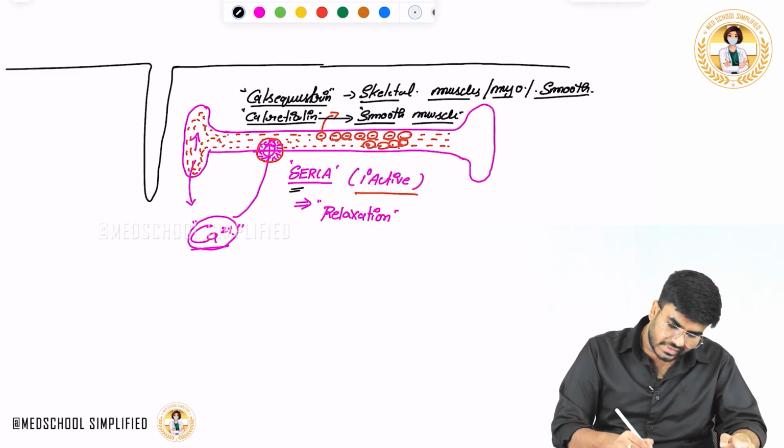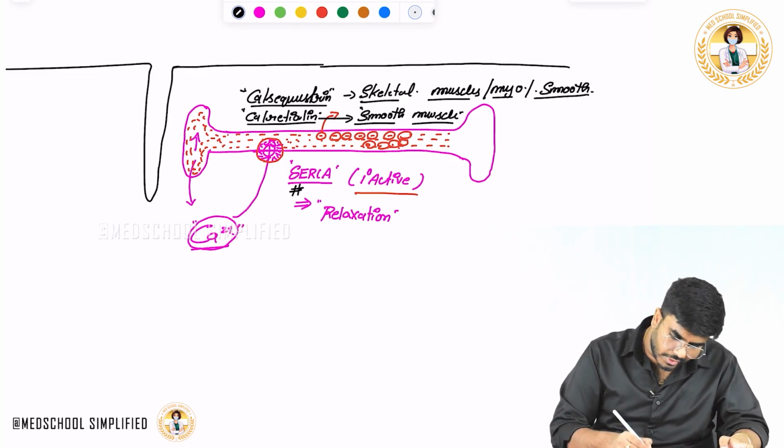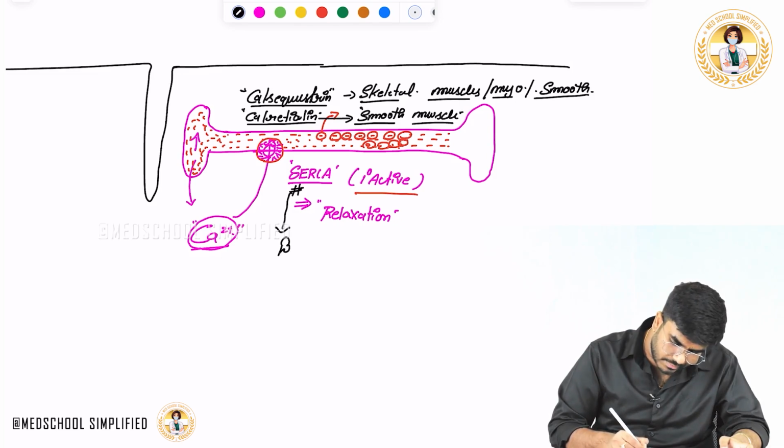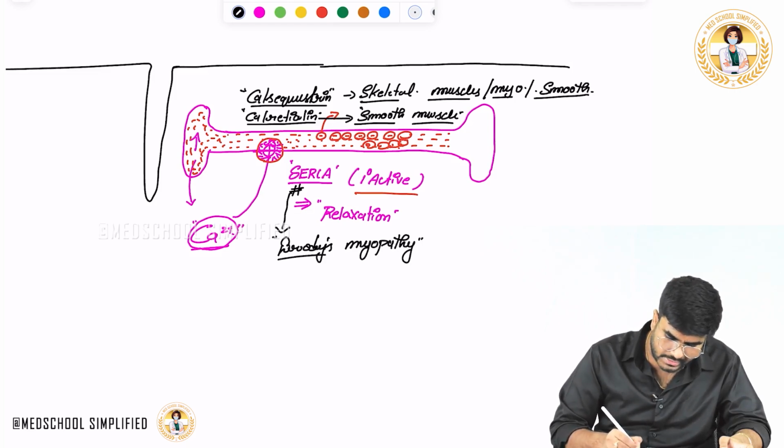Now what if this SERCA pump is mutated? Okay, what if this SERCA pump is mutated? Then it's going to cause a disease called as Brody's myopathy. Okay, so Brody's myopathy.